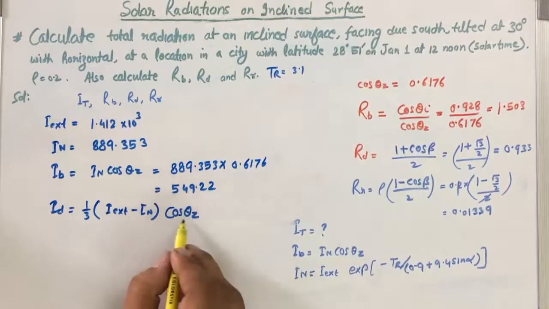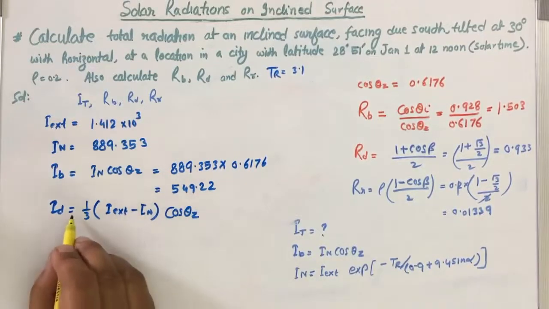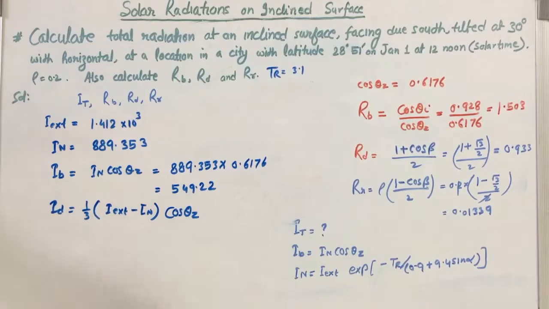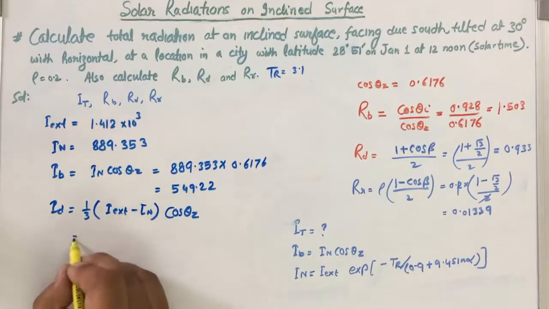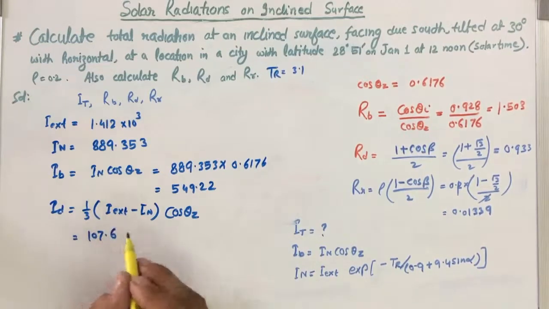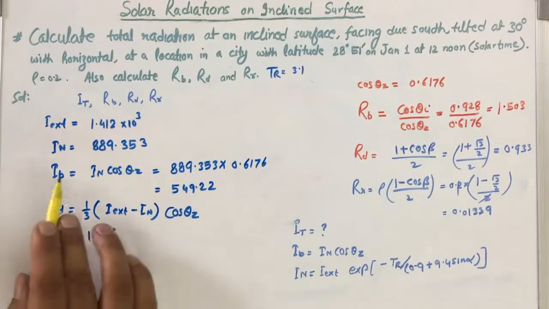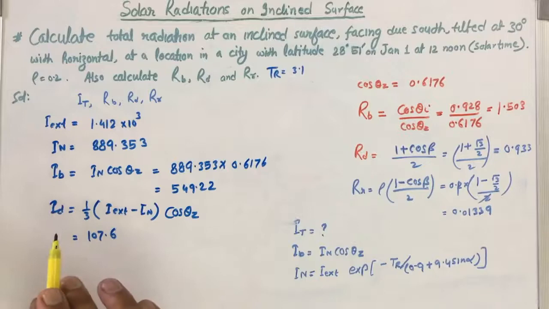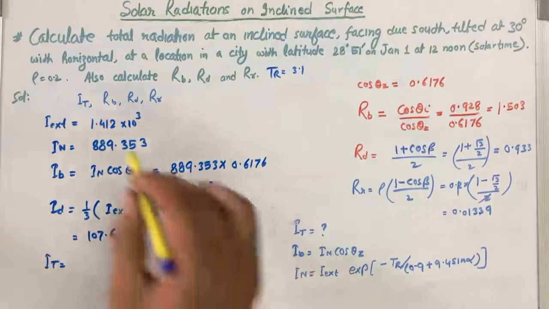So once we know this, then we can find ID, that is equal to 107.6. It is already calculated. ID is known, IB is known, and everything is known to us now. Then we can find IT by putting all these parameters in this one.